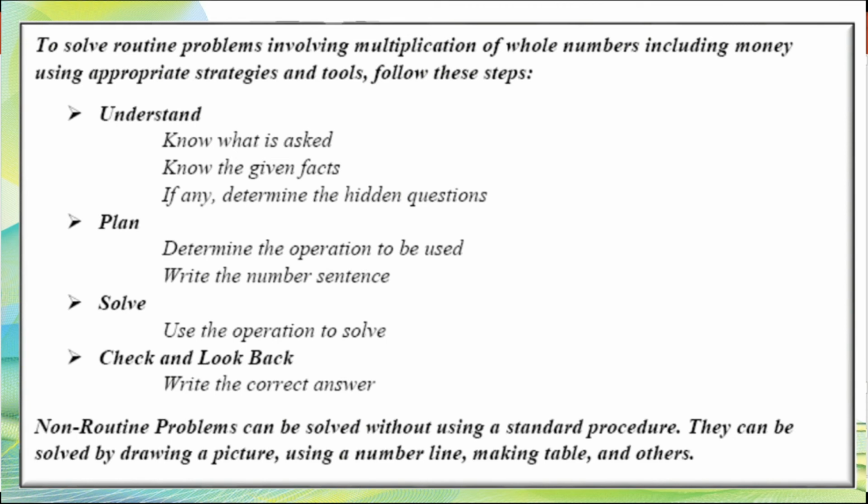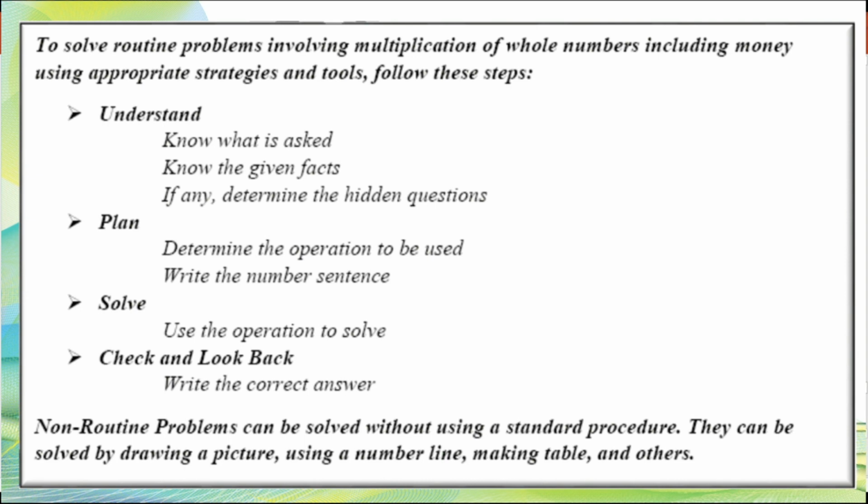To solve routine problems involving multiplication of whole numbers, including money, using appropriate strategies and tools, follow these steps. First, understand. Know what is asked. Know the given facts. If any, determine the hidden questions. Then plan. Determine the operation to be used.